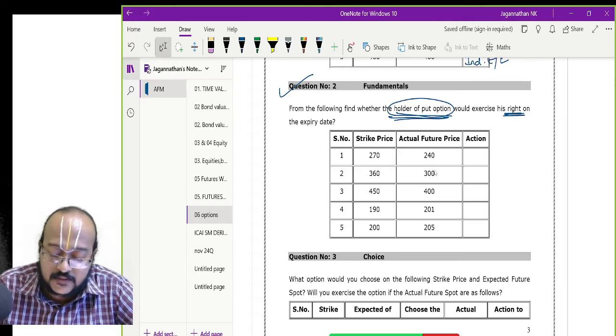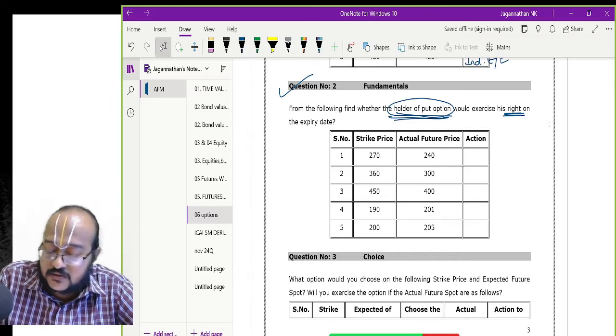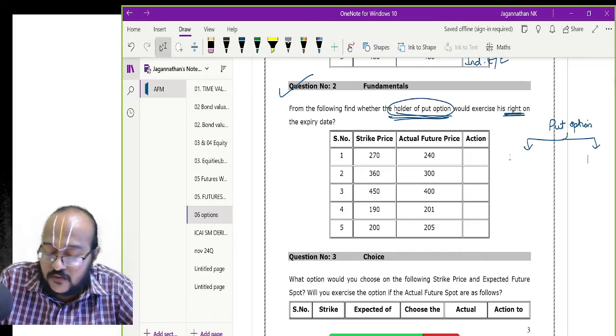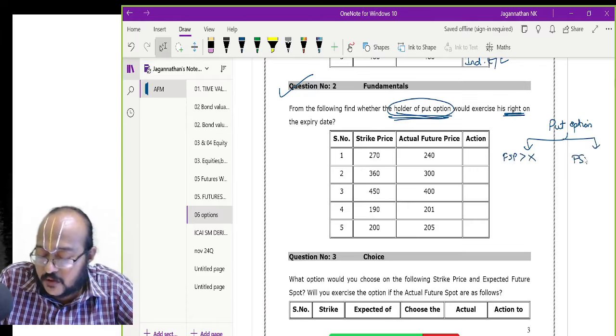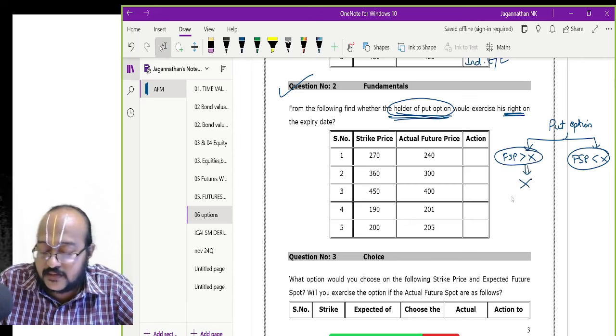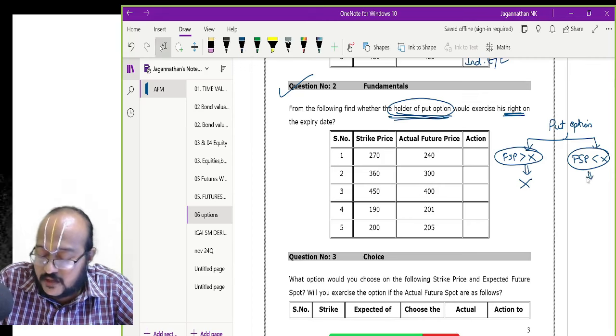For a put option holder, there are 2 things: future spot price is more than exercise price, or future spot price is less than exercise price. If the future spot price is more than exercise price, in a put option you will not exercise, because you want the price to reduce. Here you will exercise.